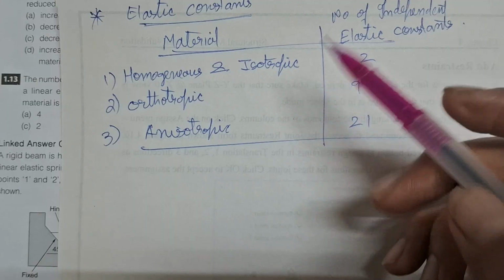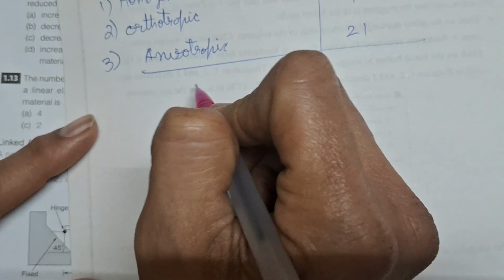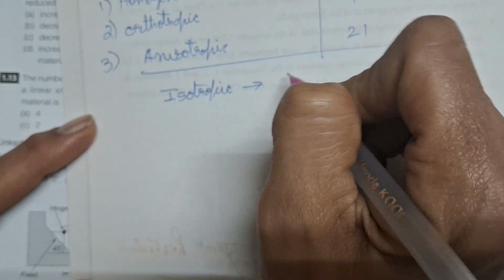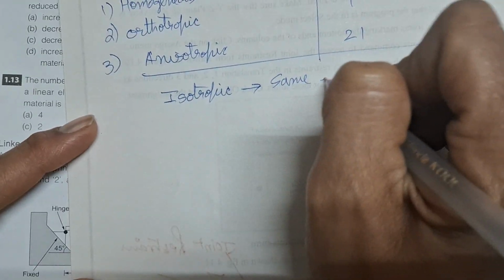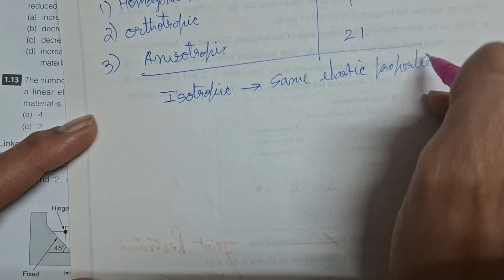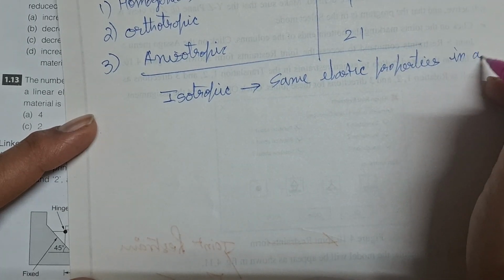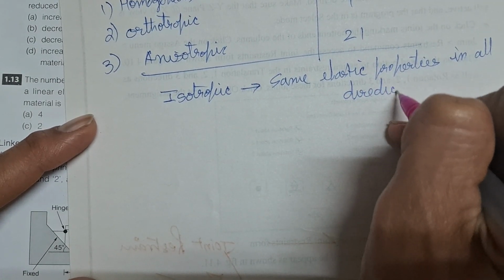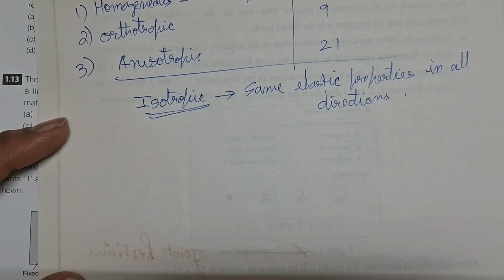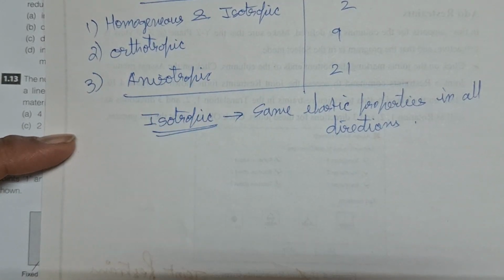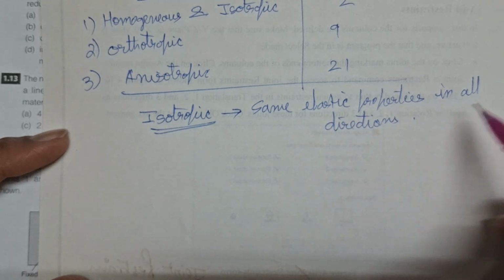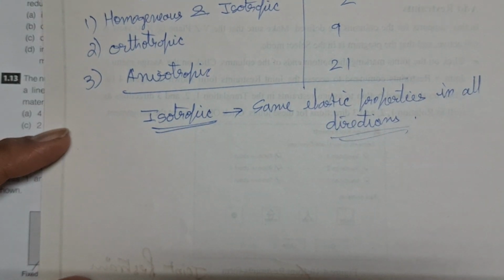So isotropic means same elastic properties or equal elastic properties in all directions. Homogeneous is rather uniform, all the chemical constituents are uniform. Isotropic means same elastic properties in all directions of that material.